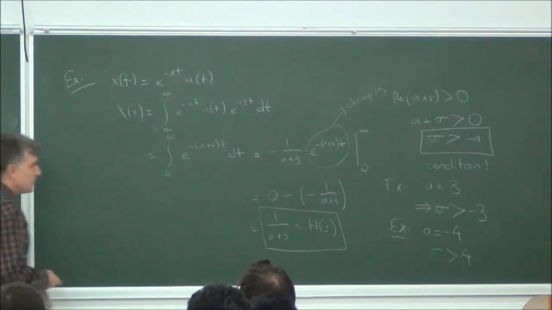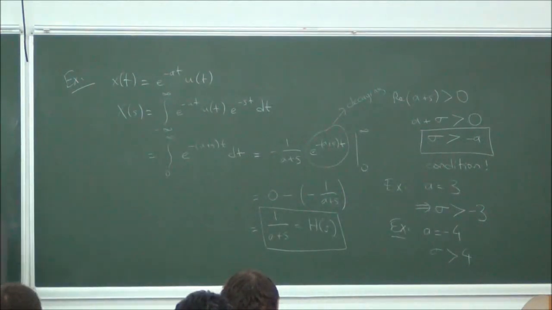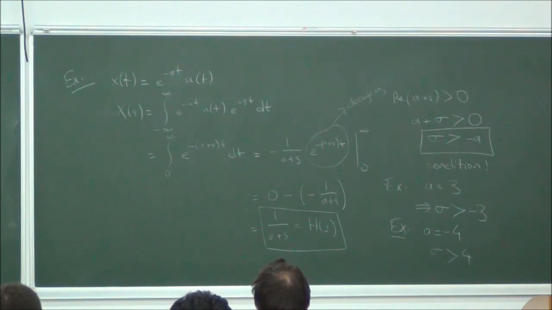And there is a way to indicate that condition on sigma as well. Although I said that we use sigma as the real part, in the book you will see that the notation is like this.